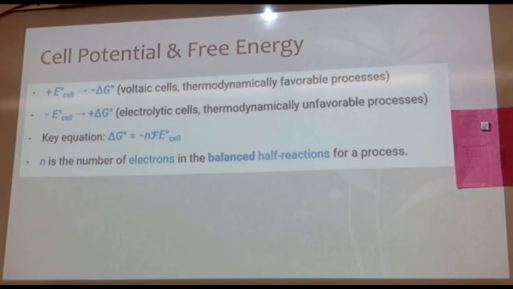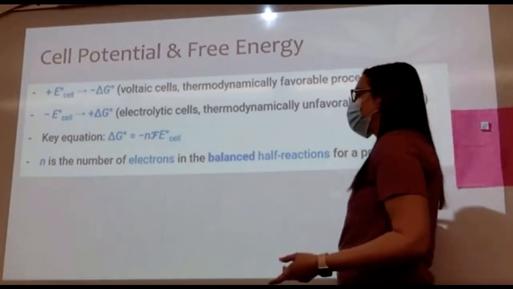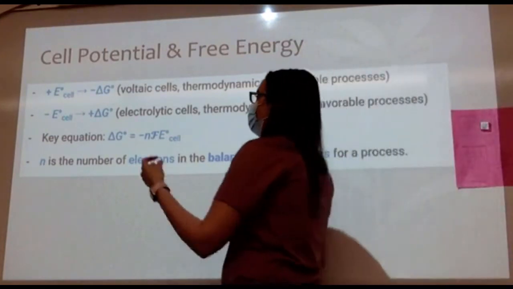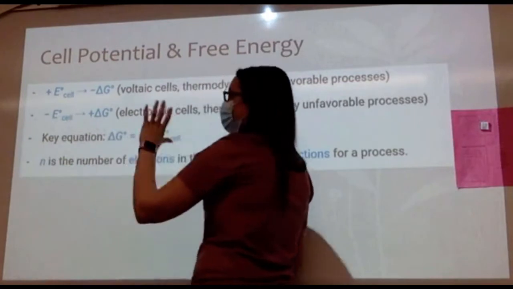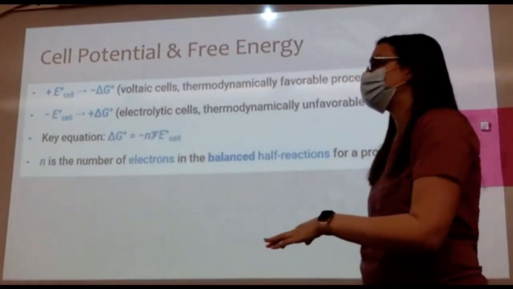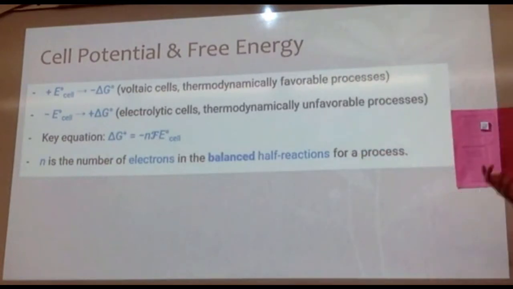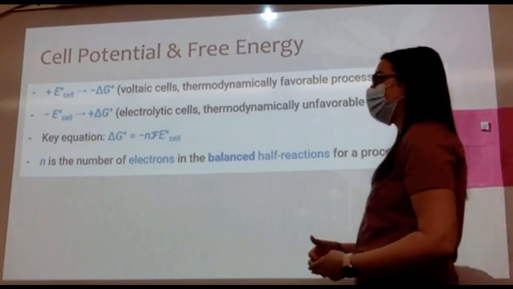That happens in voltaic cells. Electrolytic cells, which we will look at in more detail tomorrow, always have a negative cell potential. So these are not thermodynamically favored reactions, and they have positive delta Gs. So it's a way for us to relate energy to voltage.